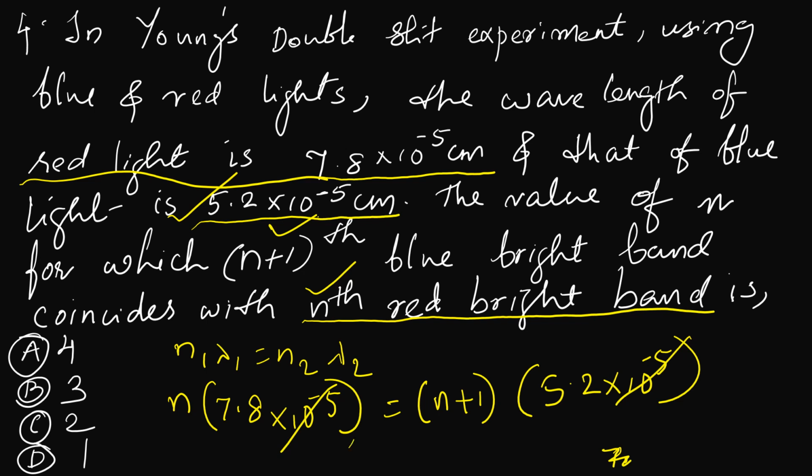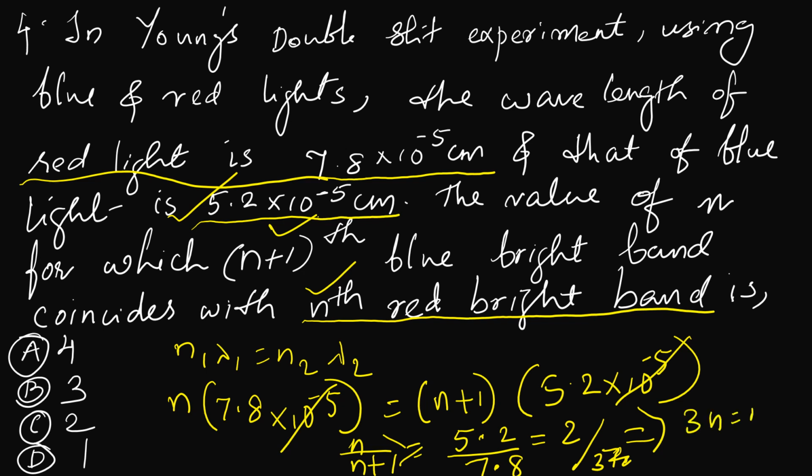You can calculate n divided by n plus 1 equal to 5.2 divided by 7.8. That is 2 by 3. That means you can cross multiply and you will get 3n equal to n plus 1 into 2.